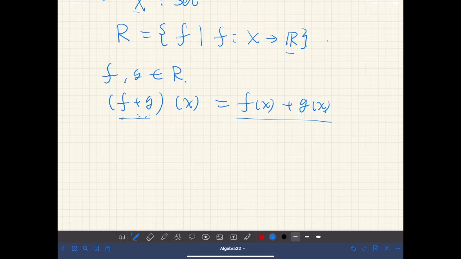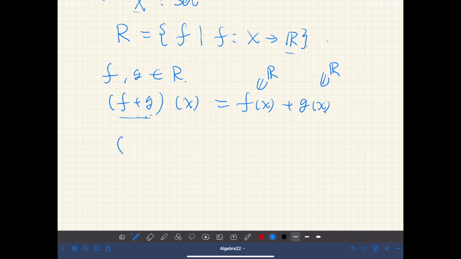On the right hand side, f of x is a real number, and g of x is a real number. Therefore, this addition, f of x plus g of x, is just an addition of real numbers, just ordinary addition. So by this equation, we define a new function called f plus g that maps each element in X to this real number. In this way, we define the addition between two functions.